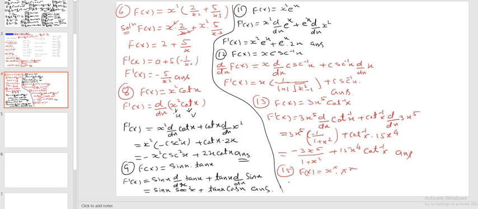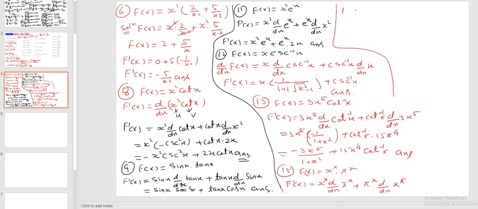So f dash x by the uv method: x to the power pi d dx of pi power x plus pi power x into d dx of x to the power pi. So pi means here constant. So what you have to do? Just simplify it.